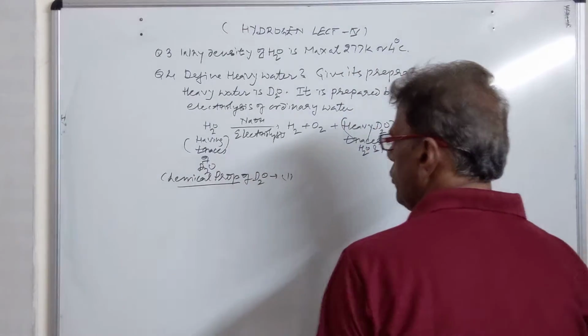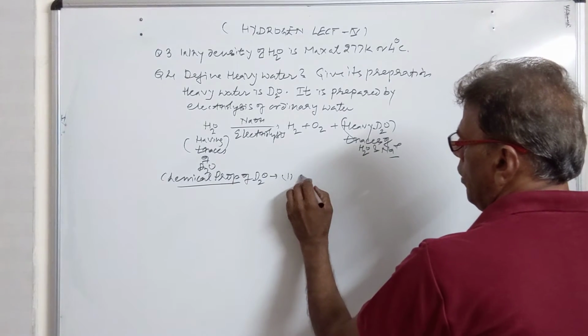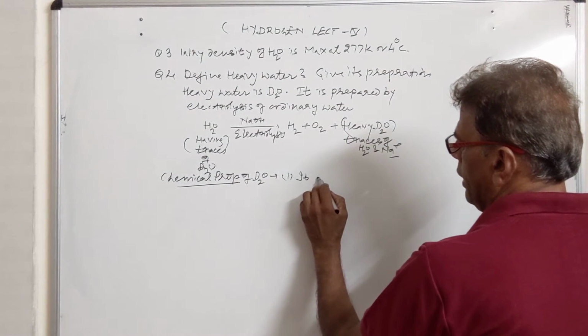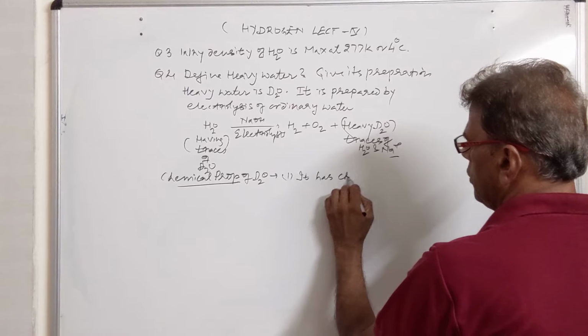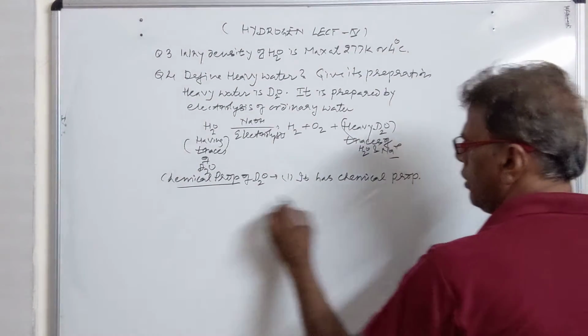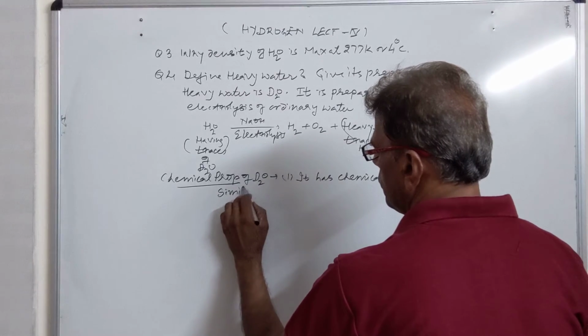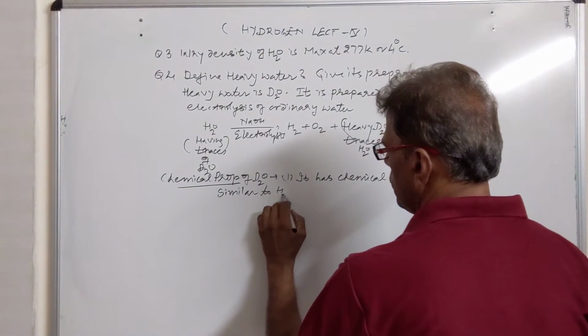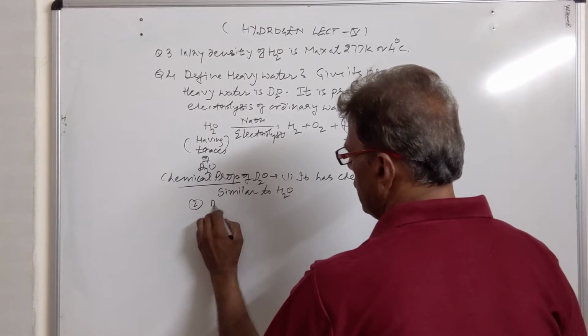Now we come to the chemical properties of D2O. Number 1, it has chemical properties similar to water. On heating it decomposes.